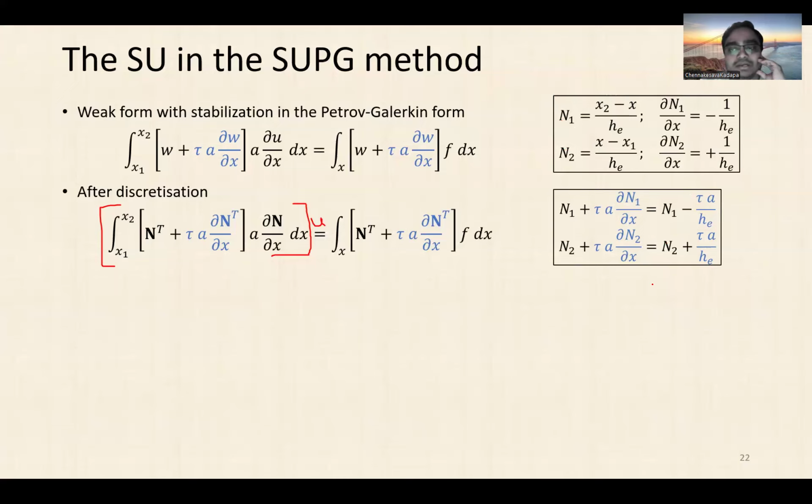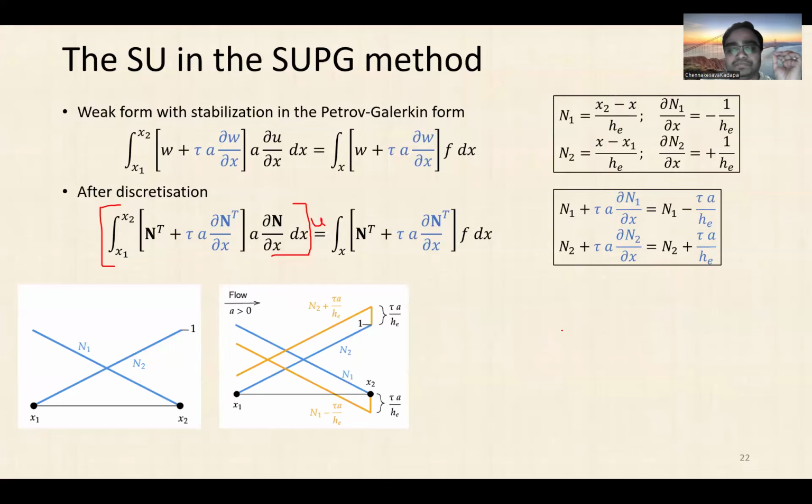Let's plot them. These are our original basis functions N1 and N2. N1 is 1 at node 1, N2 is 1 at node 2, and zeros at the other nodes. Now let's plot N1 minus tau A by he and N2 plus tau A by he. This is our flow direction from left to right, so A is positive.